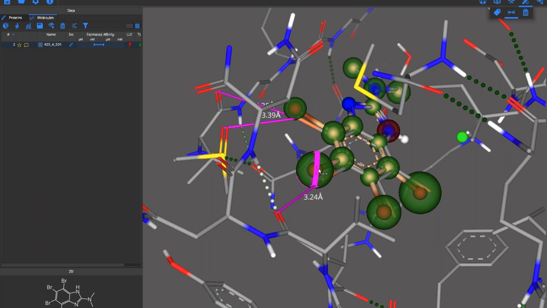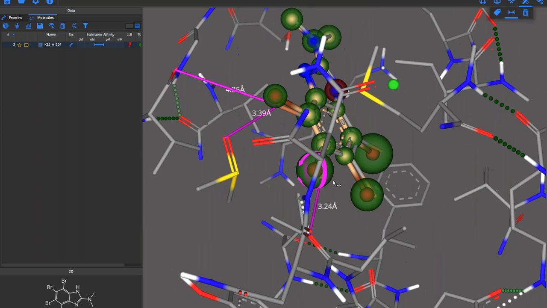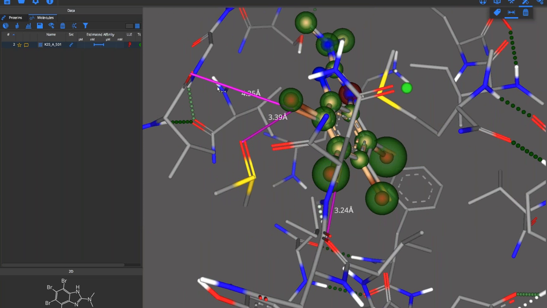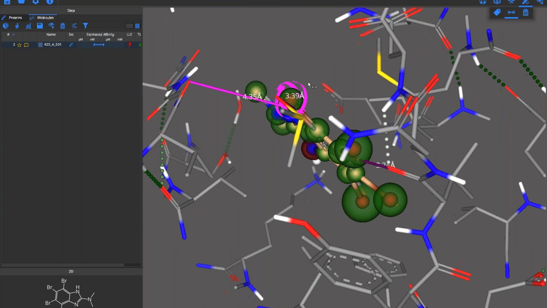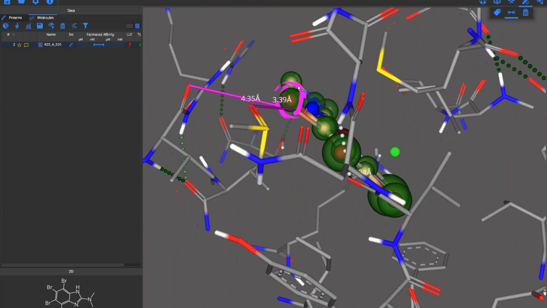And let's look at the geometries of these bromine and backbone oxygen atoms. In this case, we have an almost perpendicular arrangement, so there's clearly no halogen bond present here.